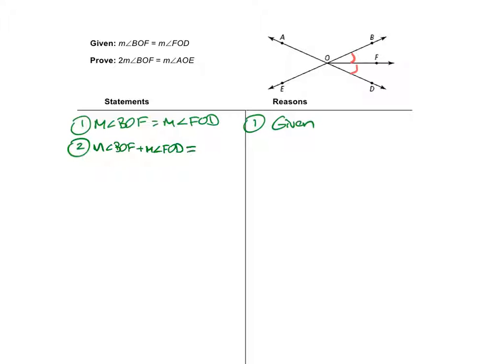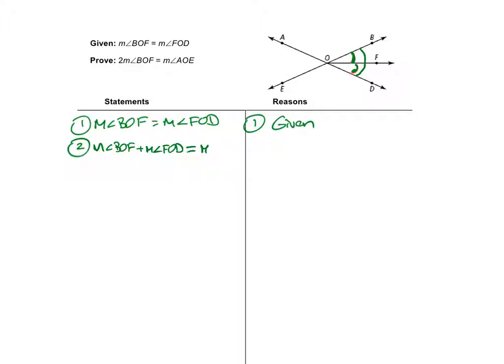So 1, the measure of angle BOF equals the measure of angle FOD. That's given. Number 2. So if I add the measure of angle BOF plus the measure of angle FOD, so this one plus that one equals the whole angle.